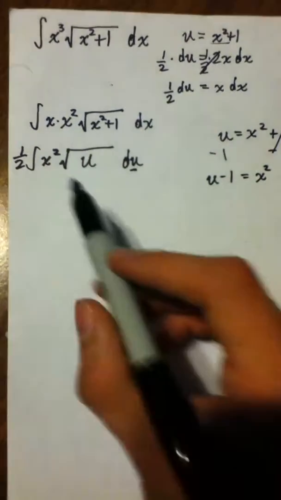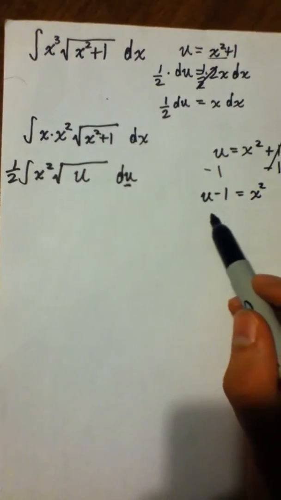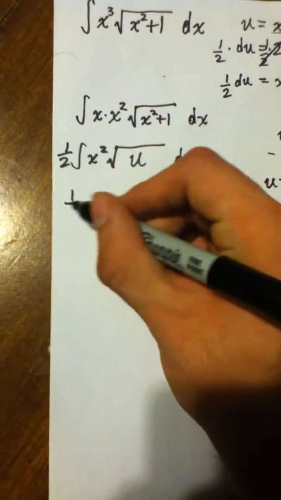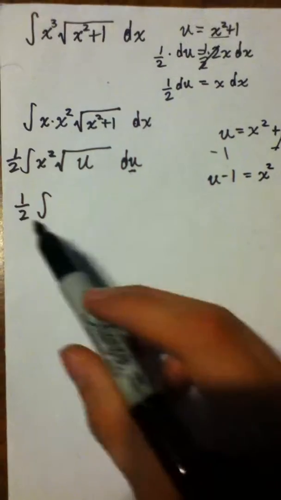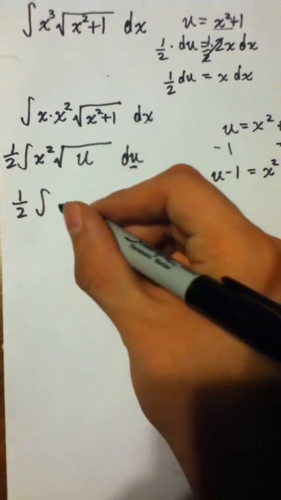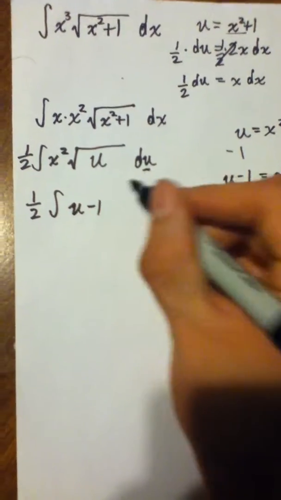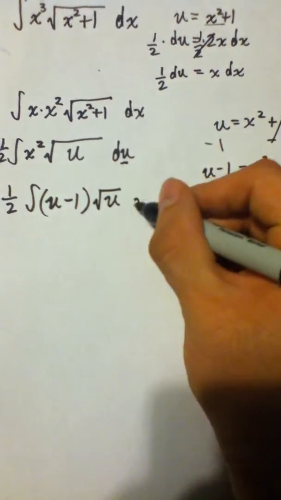Now I can make a substitution here, and now they're all in terms of u. So when I do that, I rewrite it as this. Where I have the x squared, I'm going to write u minus 1. So I have u minus 1 times the square root of u du.